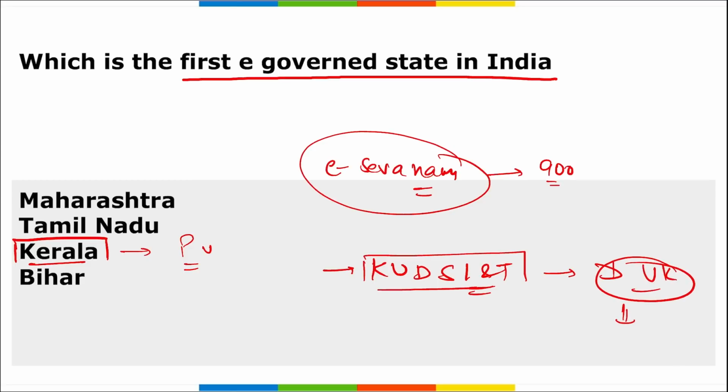This university will be worth around 1500 crore rupees to foster the knowledge-based society and economy by promoting e-literacy. Right? So coming back, it is your Kerala state that became the first e-governed state in India. Also, they have launched an e-Seva portal that will be offering more than 900 services, and they are also opening up a digital university in Kerala.